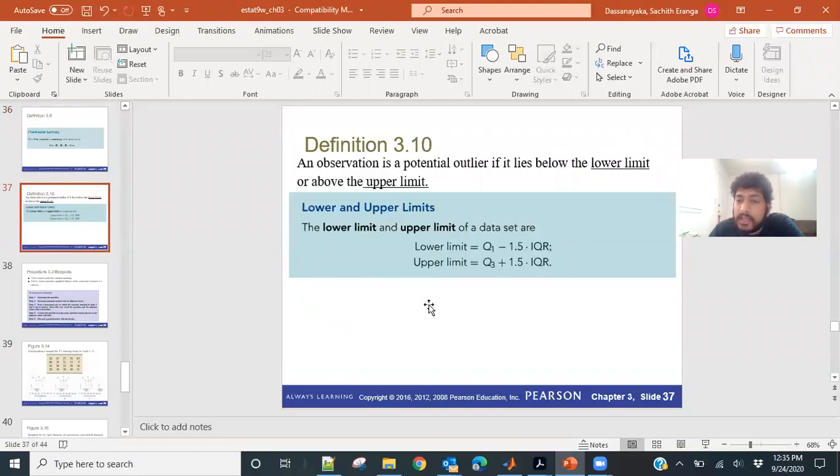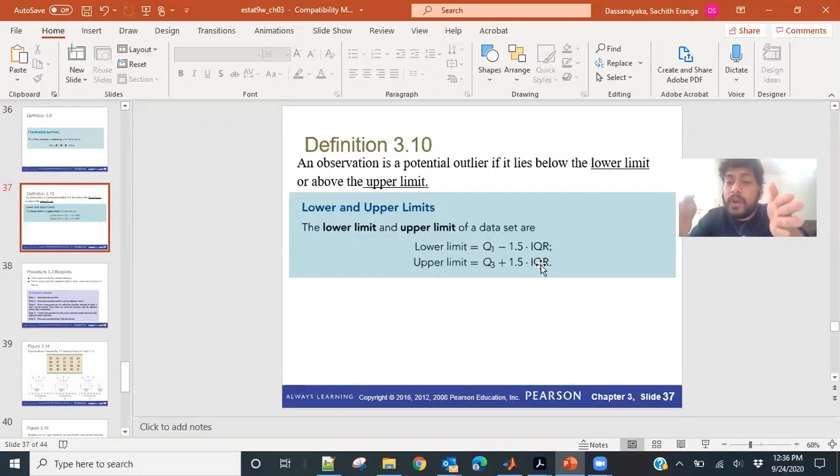Outliers mean observations which are outside of our observed area. Simply you can find them by using the lower limit and upper limit. Lower limit means Q1 minus 1.5 times IQR, the interquartile range value. Upper limit means Q3 plus 1.5 times the interquartile range.